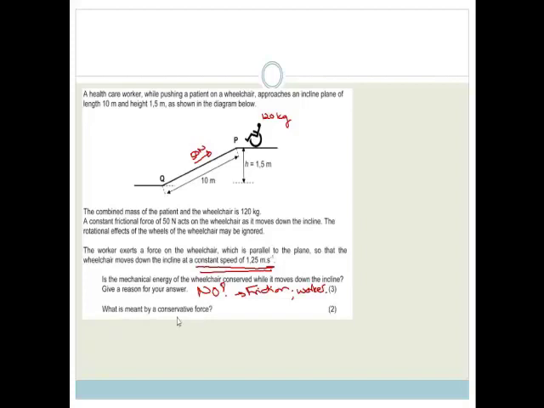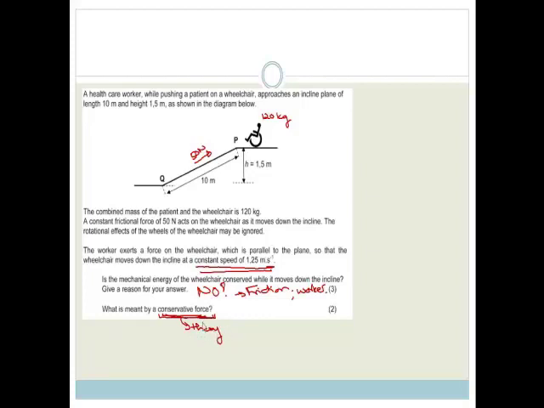Now it says, what is meant by conservative force? This is theory, and it's important that you know about conservative and non-conservative forces. But basically, a conservative force is one where it doesn't matter what path you take. So it doesn't matter if we went along this length or we went along this.